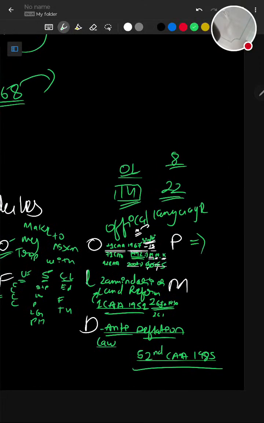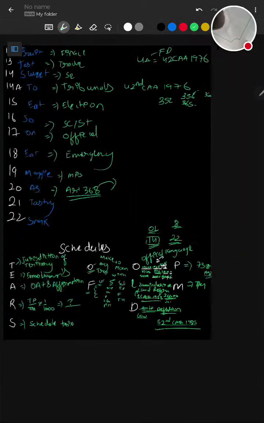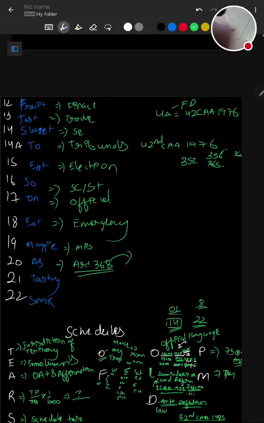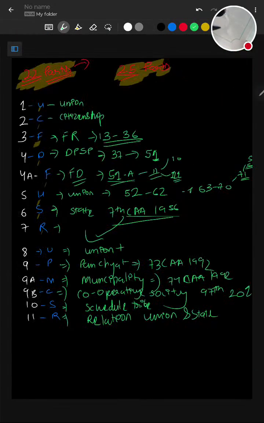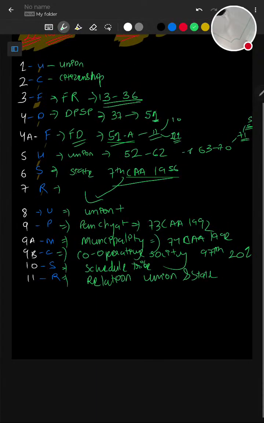Going on, Panchayati and Municipality, as you know, these are the 73rd and 74th Constitution Amendment Acts of 1992, both. So these are the schedules and the 22 parts of the Constitution. Now, what we have to do is open these parts and see what is inside of these parts.